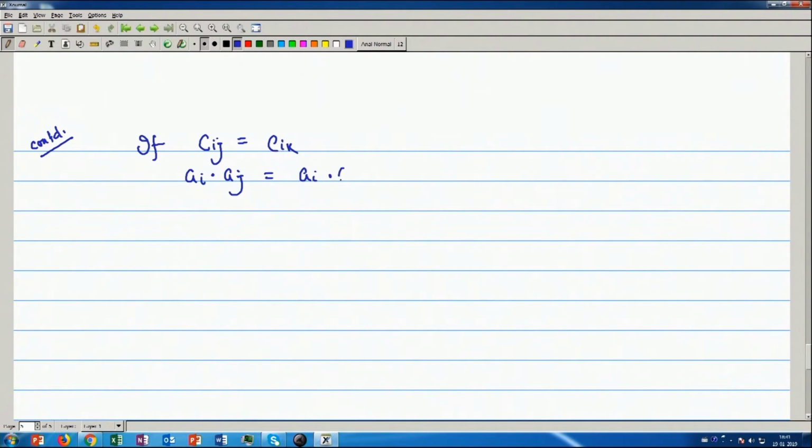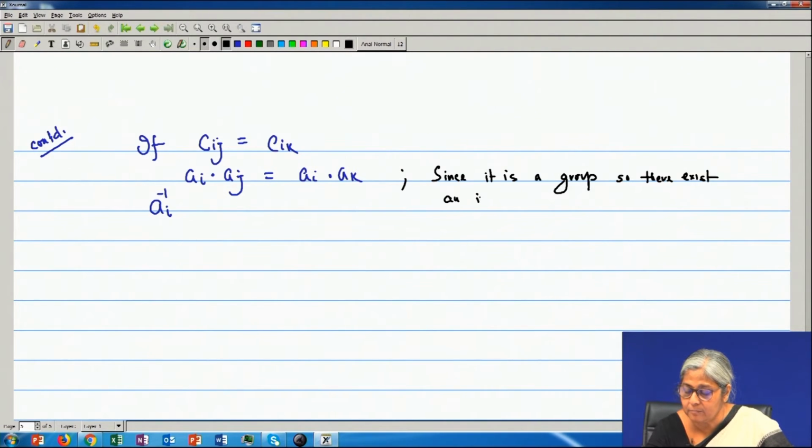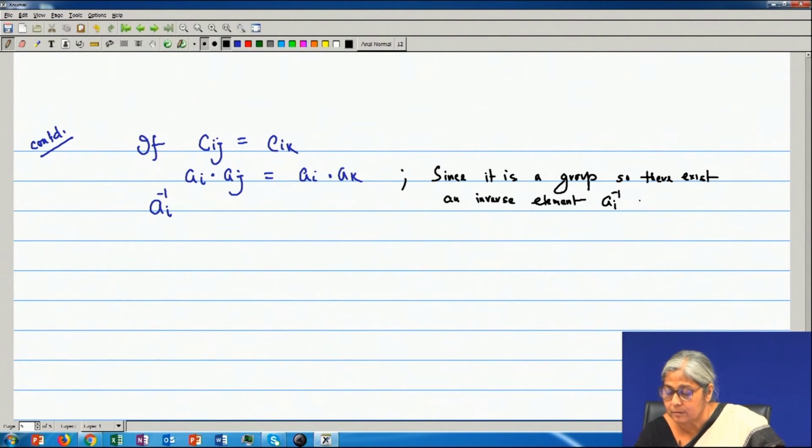is Ai dot Ak. Now, since it is a group, there exists an inverse element, and let the inverse element of Ai be Ai inverse.